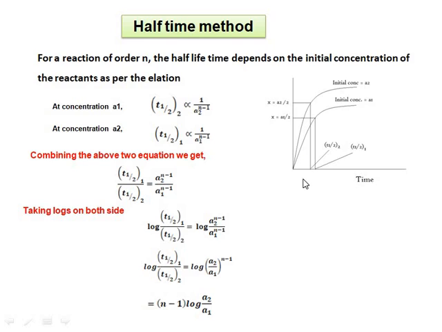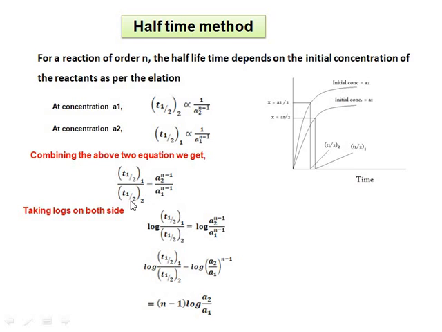So t half for those concentrations is obtained from the graph. Combining those two equations, we get t half 1 upon t half 2 is equal to a2 raised to n minus 1 upon a1 raised to n minus 1.